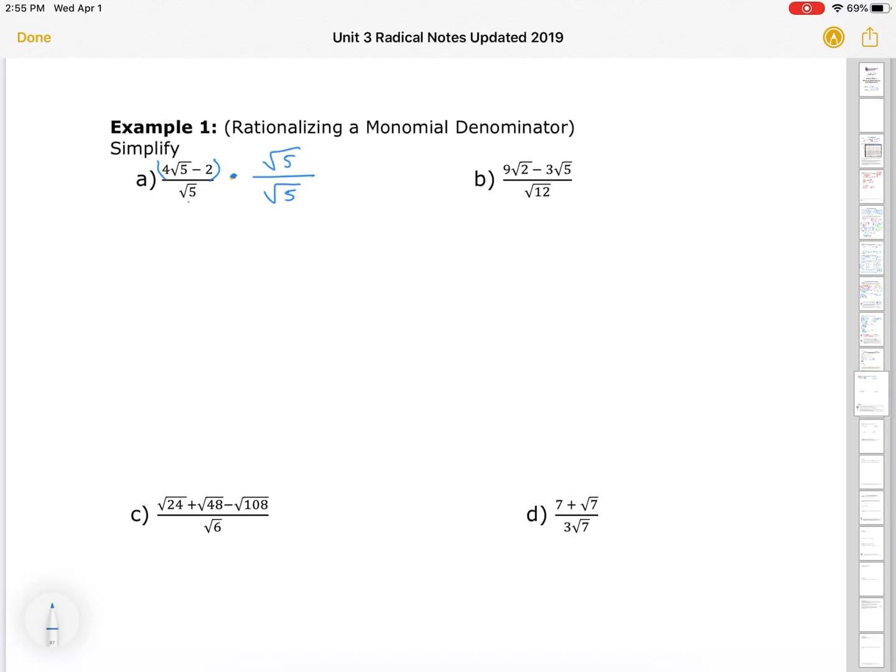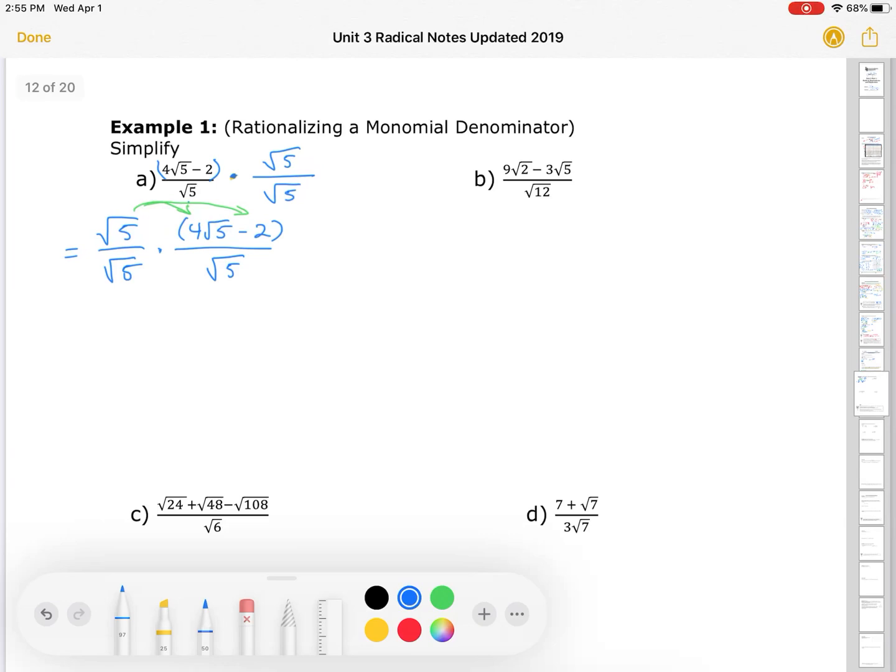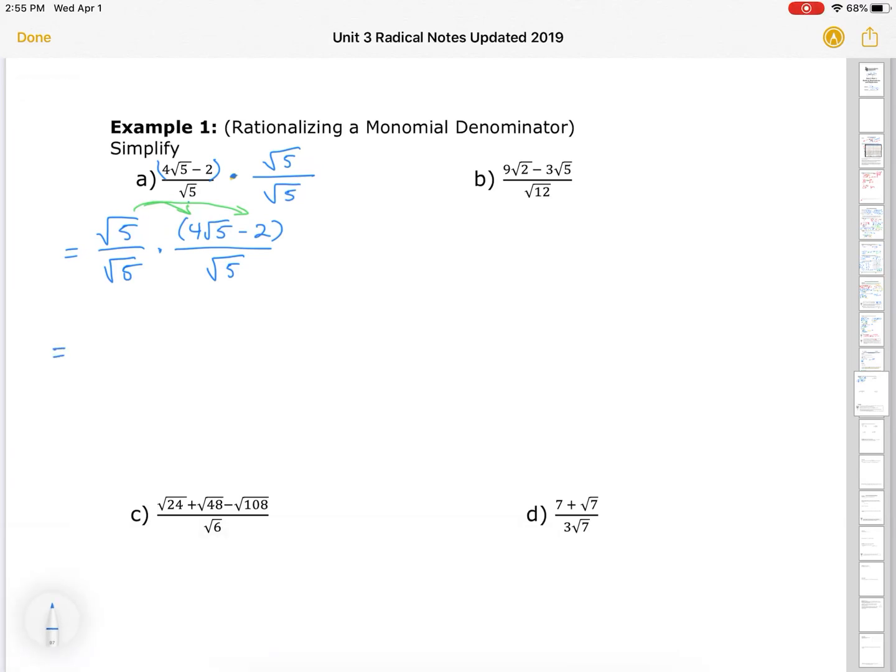Okay? Now it's important to note that on the top, treat it like it has brackets, because you have to distribute on the top. So if I rewrite this, root 5 over root 5 times 4 root 5 minus 2 over root 5. And then I remember to distribute to both terms in the brackets.